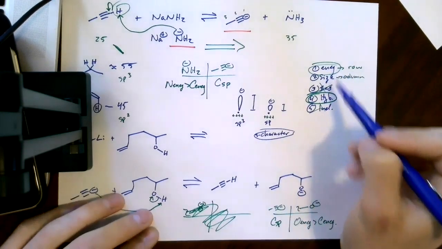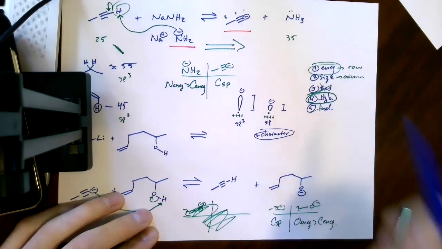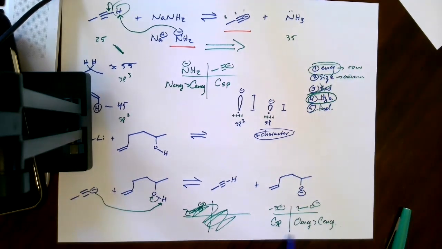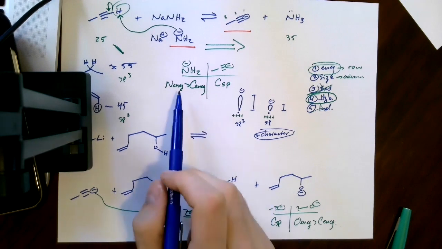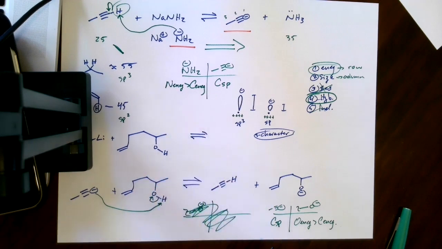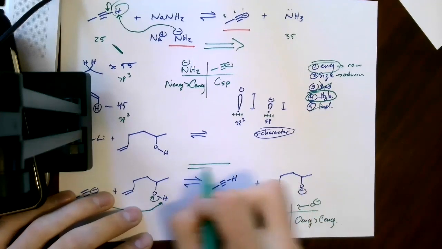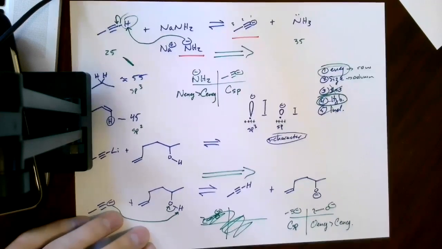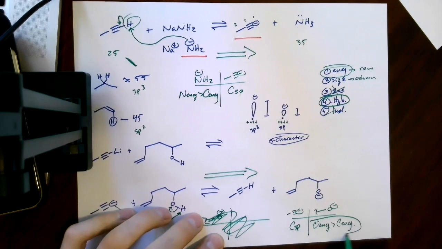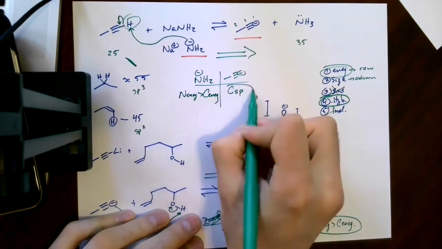And so the same two factors are at play, electronegativity and hybridization. But now we have oxygen as the electronegative atom as opposed to nitrogen. And what we find out is that the equilibrium lies actually to the oxygen, and the electronegativity wins.